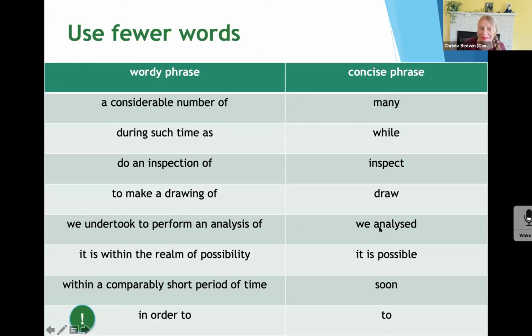They just mean we analyzed the substrates. Instead of saying within a comparably short period of time, we could just say soon. Again, it's easier, and yes, you sound just as smart with this small word. Young people that I meet, at least in Canada, think that they will sound much smarter if they use these big, fat phrases. So put it on a diet, use the skinny phrase.